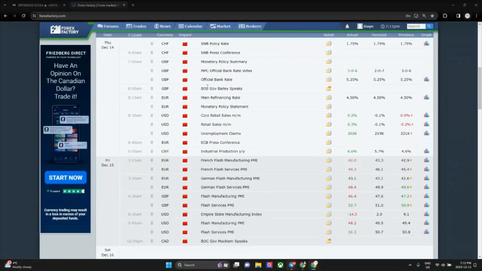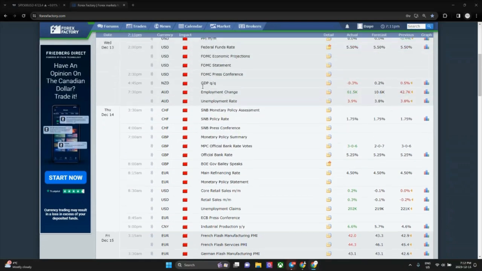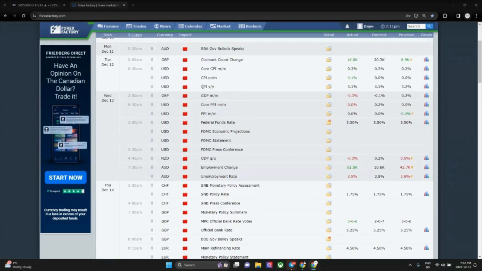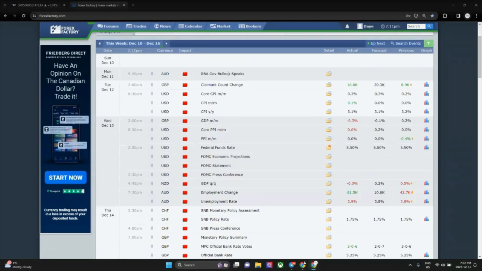So you can see the upcoming news, because we use that to trade, and you have other traders that are afraid of red folder news events and stuff like that. But no, these are entries. So we have scheduled entries. Every red folder is an entry, right?